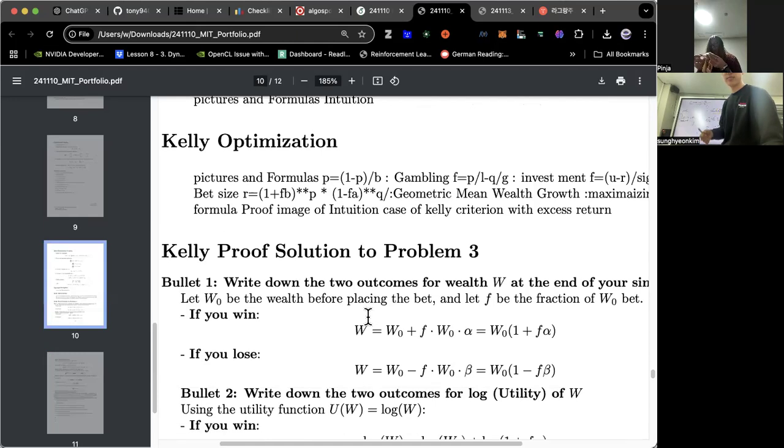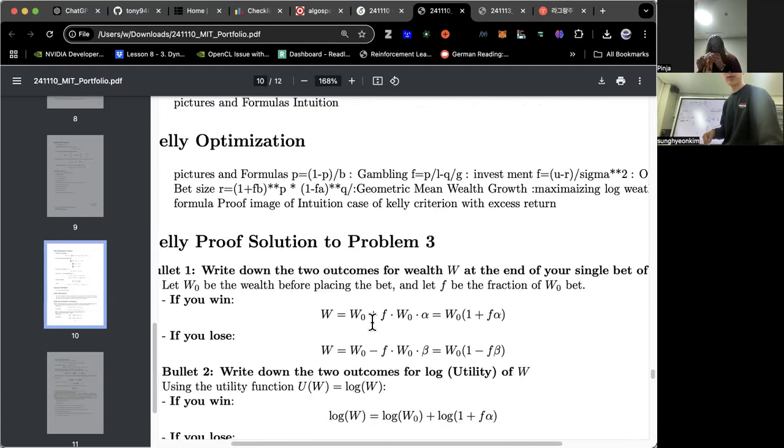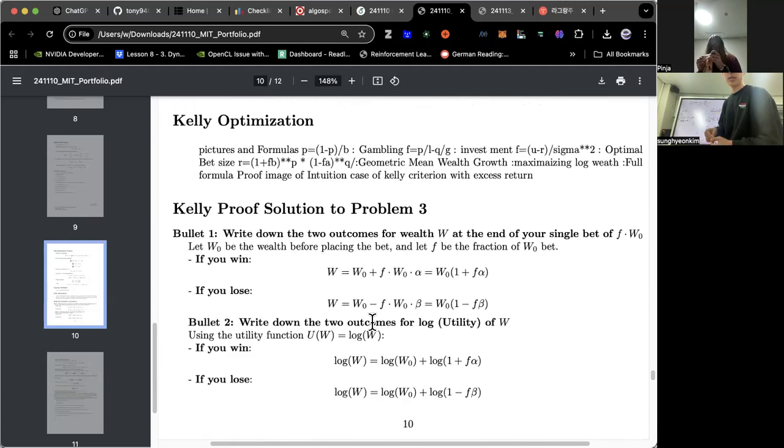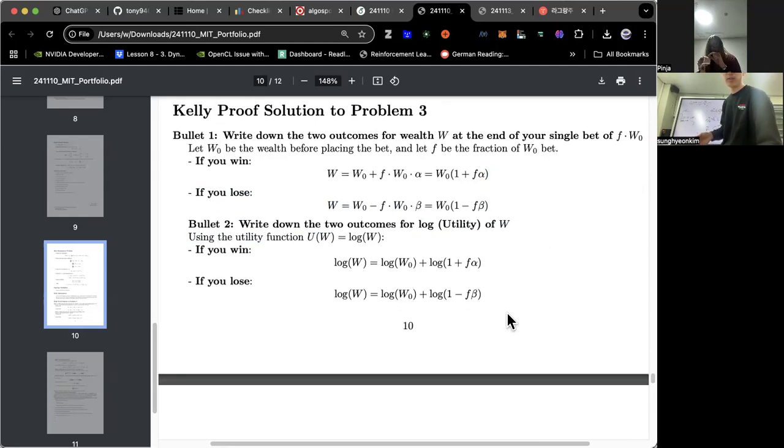There's also the Kelly portfolio optimization problem. Let's say there are 2 outcomes when you do a single bet, then W will be W0 plus F times W0 if you win, and W0 minus F times W0 if you lose. You can write down the 2 outcomes for the utility function.